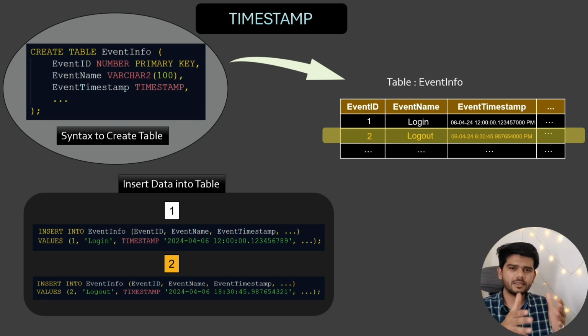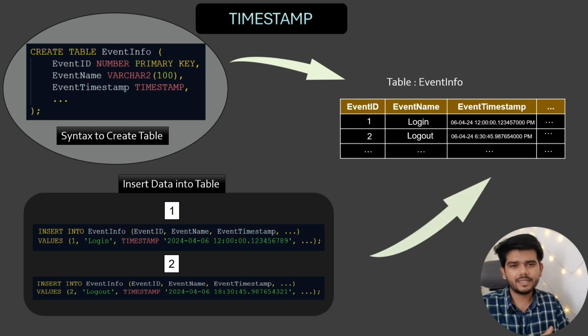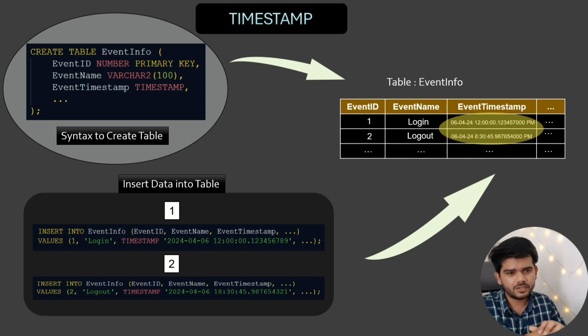Basically, here the event timestamp values, the date with a particular precision, represent the timestamp of the login and logout events. The timestamp data type ensures that these timestamps are stored accurately with fractional seconds precision.